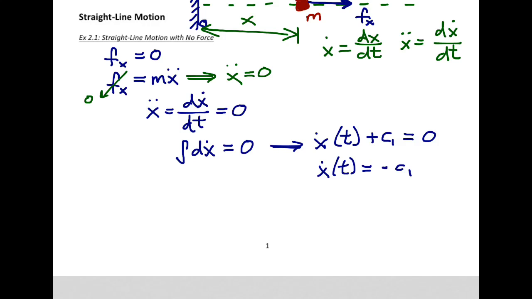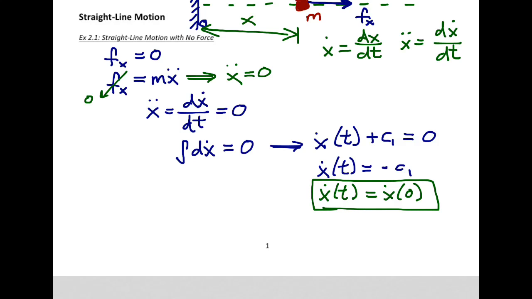If we know the initial speed, then we know the speed for all times. The initial speed meaning when time is equal to 0. And so when we apply that boundary condition, we say that x dot of t is going to be equal to x dot at time 0. And so now we know the speed of the particle.